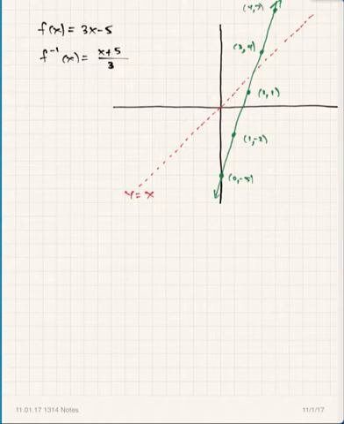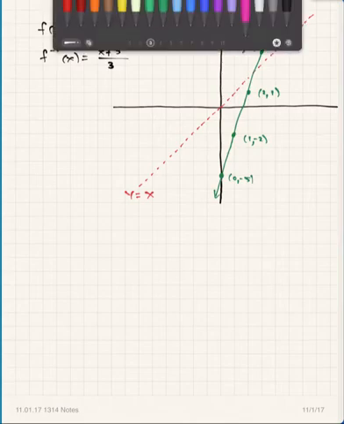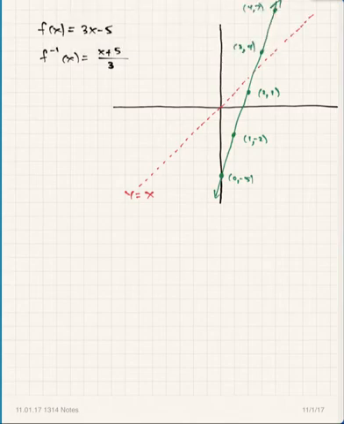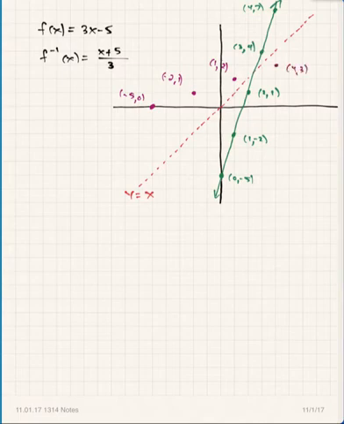If I take all those points and I reverse them, and when I say reverse them, I mean interchange the x and y values, then I have -5, 0. Let me write that in there too. So there's -5, 0, and then I have -2, 1. There's -2, 1 right there. Then instead of 2, 1, I have 1, 2. Here's 1, 2. Instead of 3, 4, I have 4, 3. And then finally, instead of 4, 7, I have 7, 4.